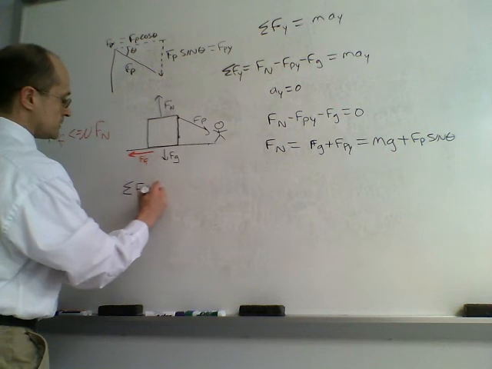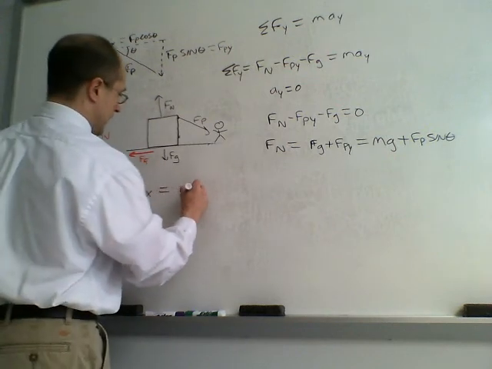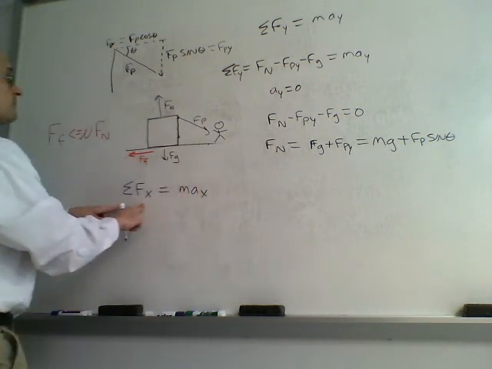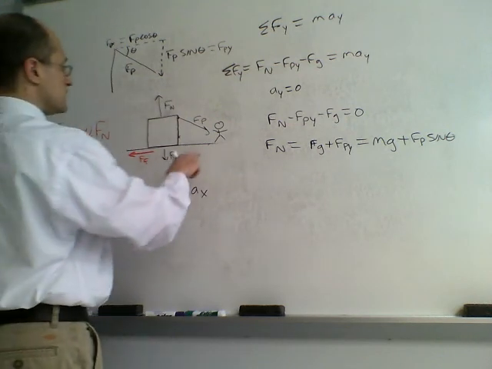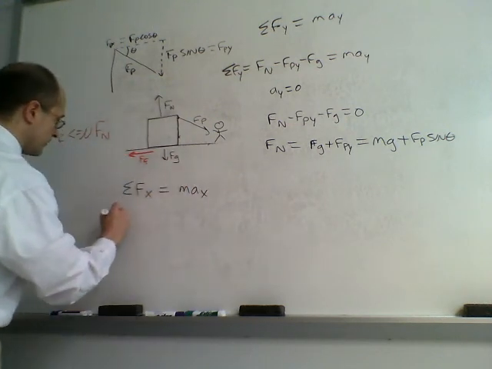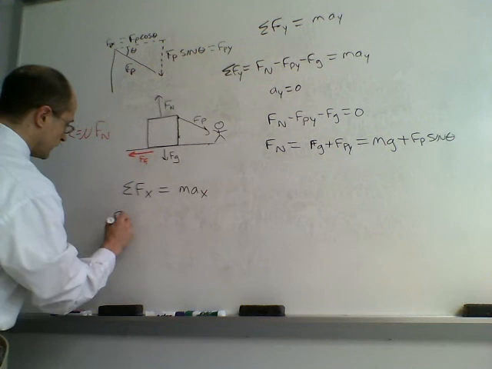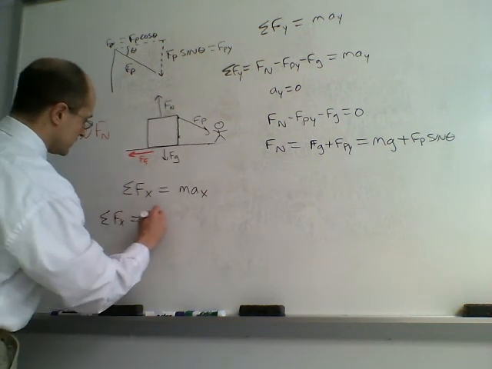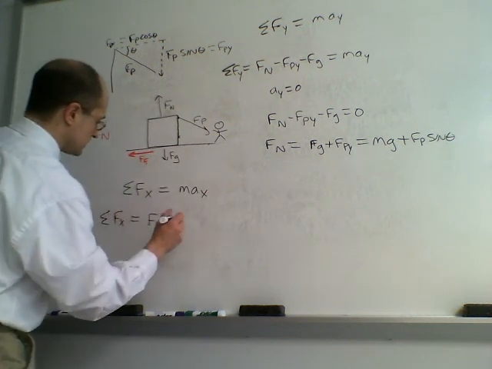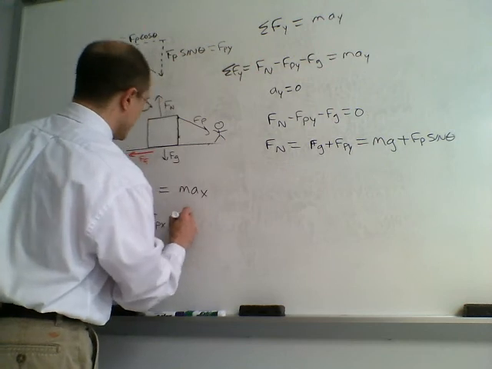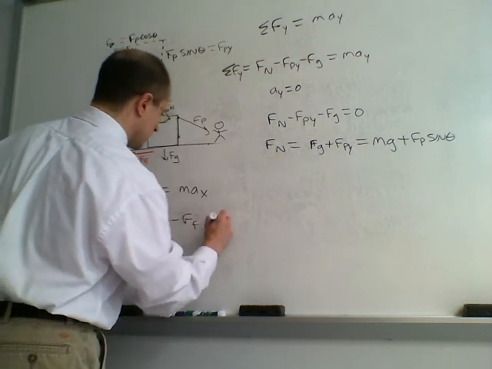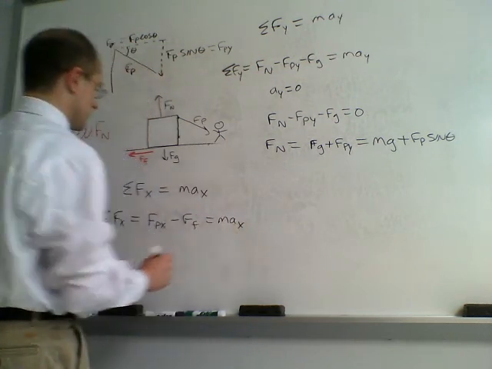The sum of the forces in the x is MAX. We have two forces in the x. We have our pull, FP. So the sum of the forces in the x is FPX minus the frictional force equal to MAX.